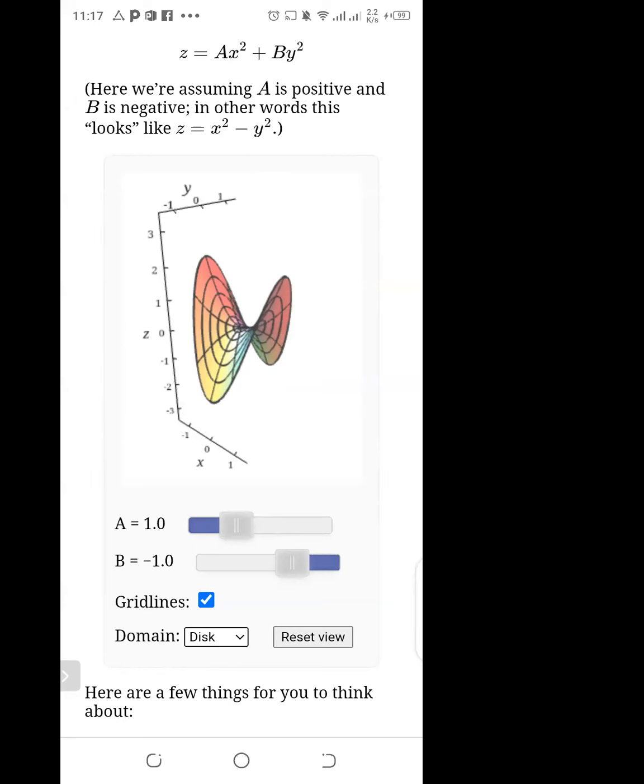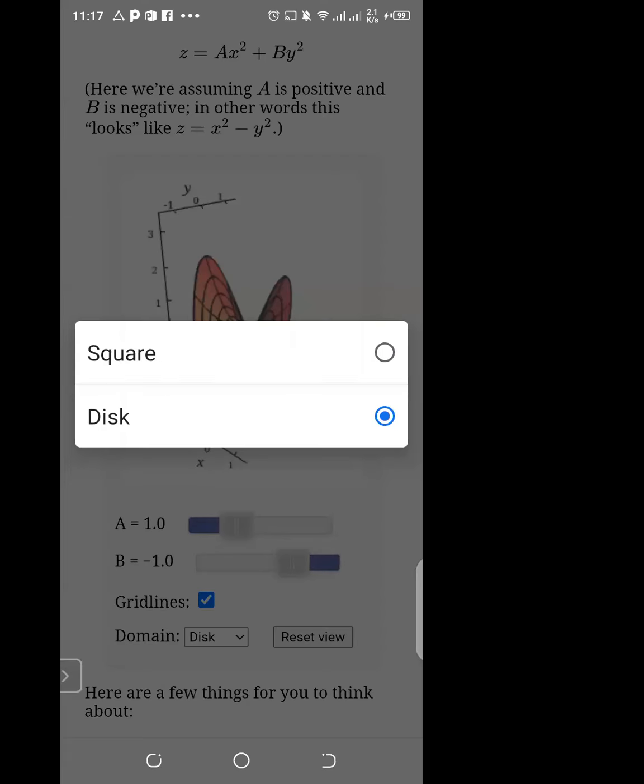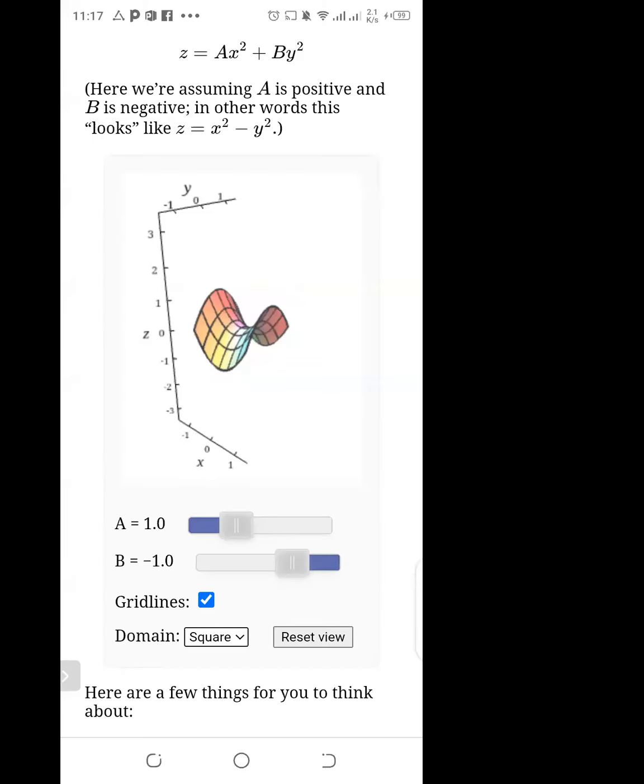So let's try to change now. Let's go back to the square view. And then let's try to change. What's the effect of a being big and small? So when a is 0, this is what you get. So what is this?